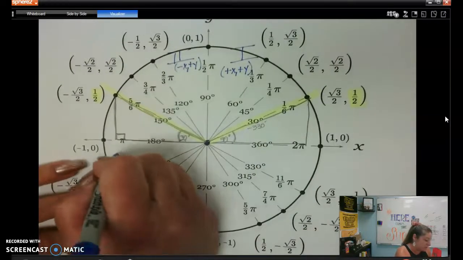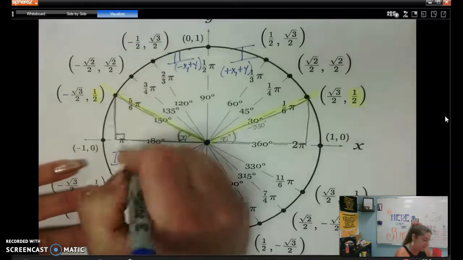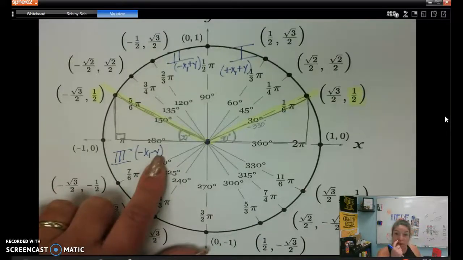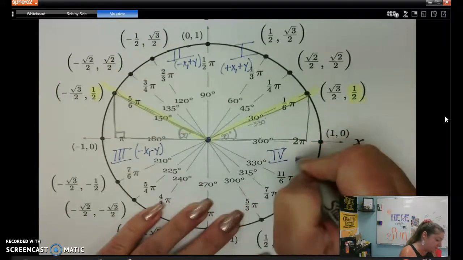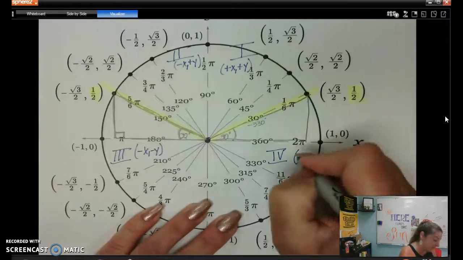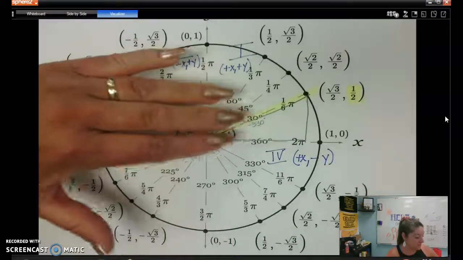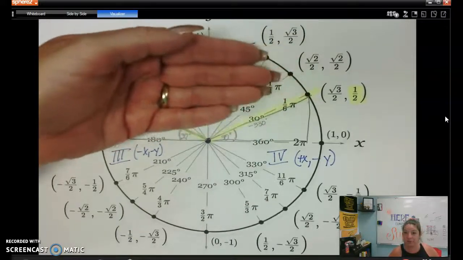Down here in quadrant number 3, this is where your x and y are both negative. Our y changed, now it's negative, okay? But over here in quadrant number 4, our y is also negative, your x is positive, but your y is negative. And so what happens is if you end up with a positive y value, you're going to look at quadrant number 1.